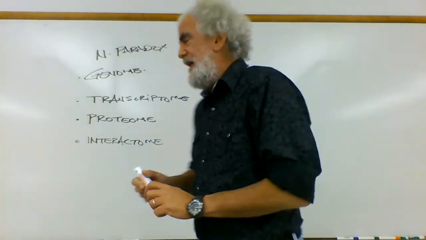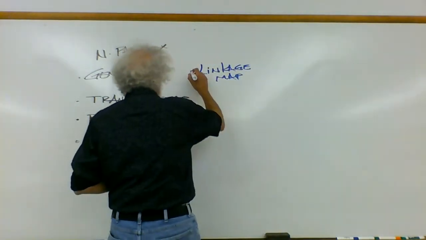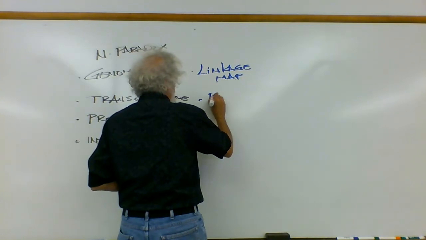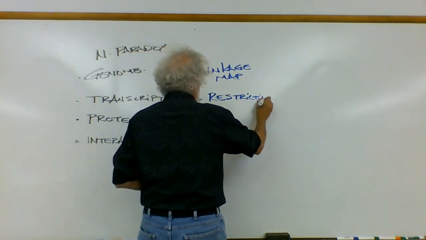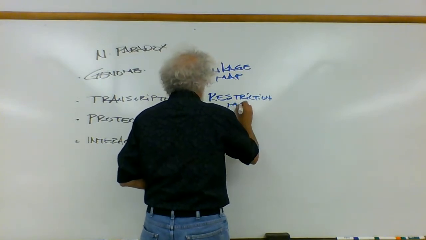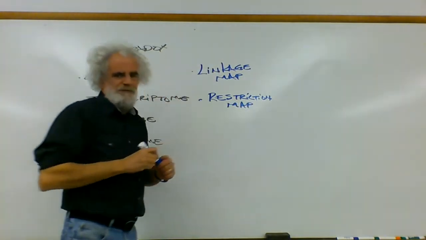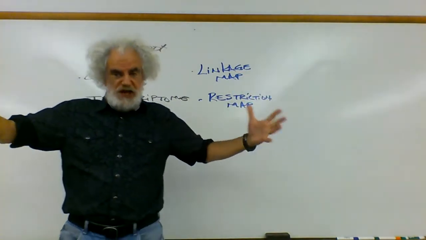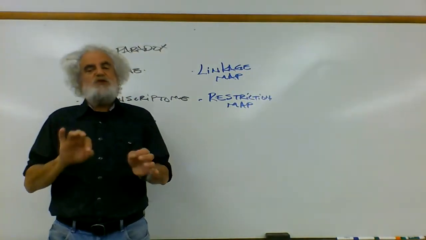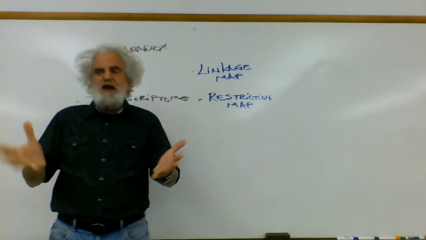Another map that is possible is something called a restriction map. And in a restriction map, you're looking at the physical distances, the actual nucleotide distances, between restriction sites. It's another way of mapping things.